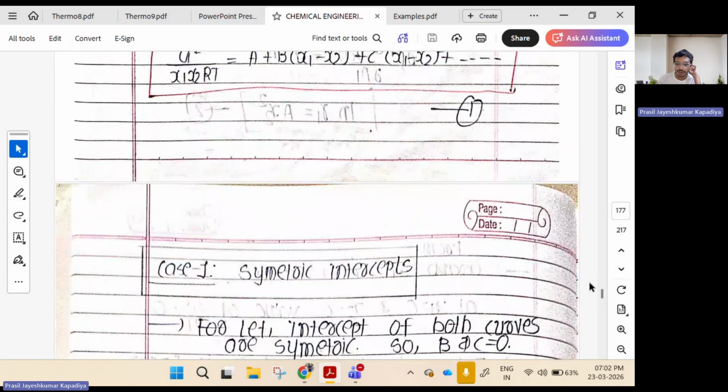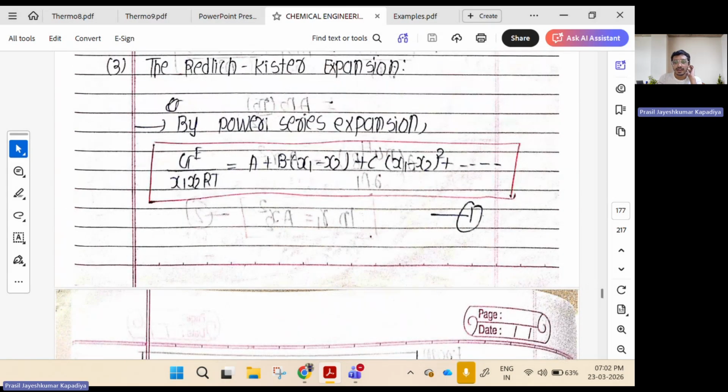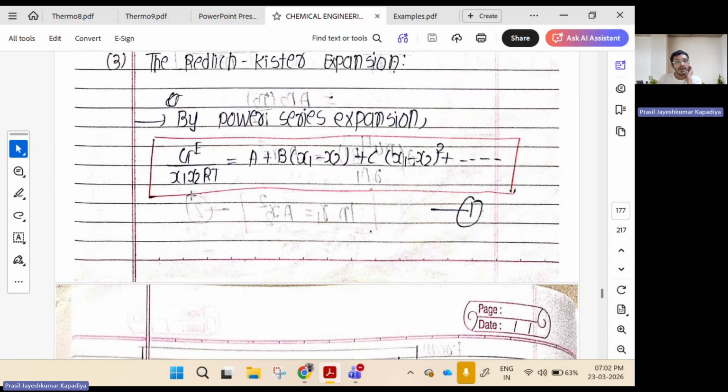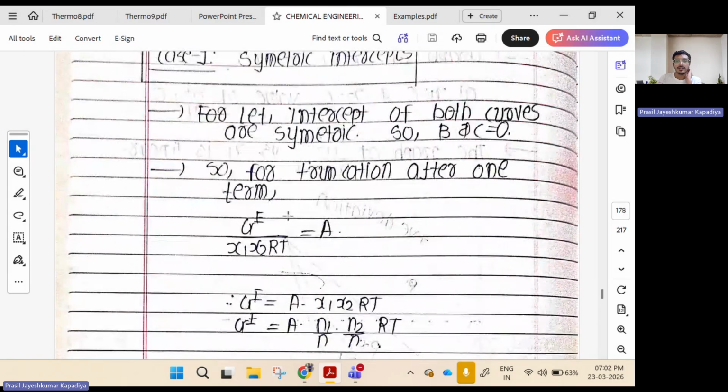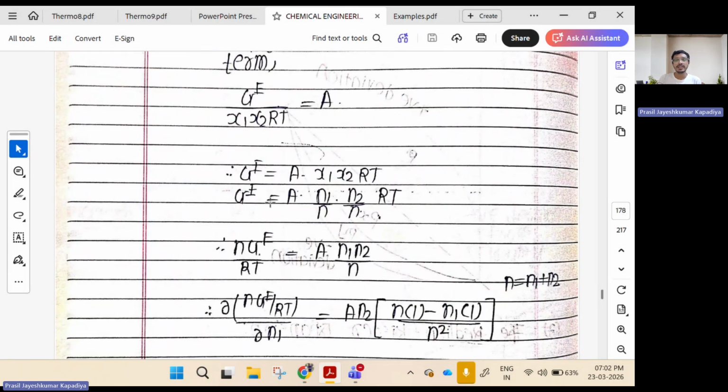Okay, so when B and C are equal to 0, I will have symmetric intercepts, right? GE by x1 x2 RT is equal to A. So GE is equal to A x1 x2 RT. Here x1 is n1 by n and x2 is n2 by n, so nGE by RT is equal to A n1 n2 by n.